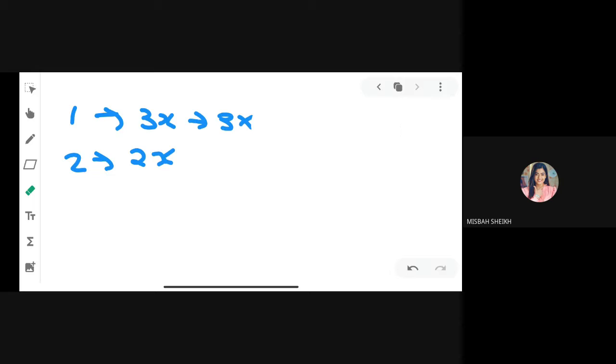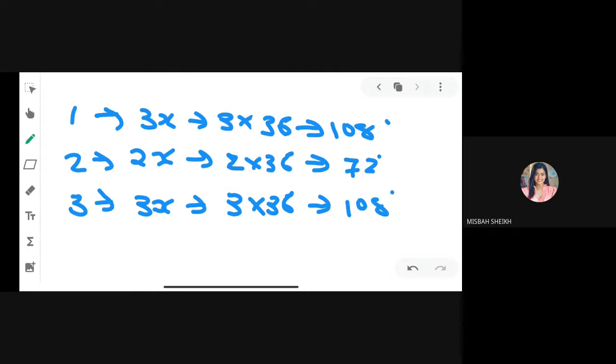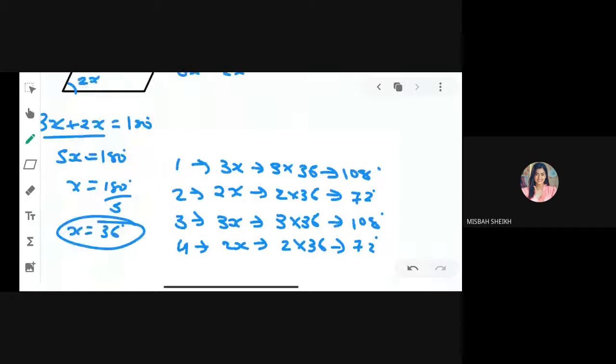We get x is equal to 36, so 2 into 36 is 72 degrees, right? The third angle is 3x, 3 into 36, it is 108 degrees. And the fourth angle is 2x, it is 2 into 36 degrees, 72 degrees.